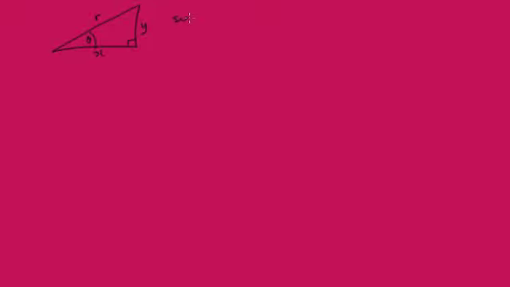So the sine of theta is opposite over hypotenuse. The cosine of theta is adjacent over hypotenuse, and the tangent is the opposite over the adjacent.